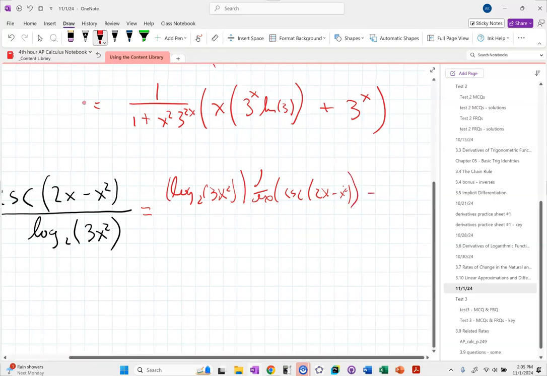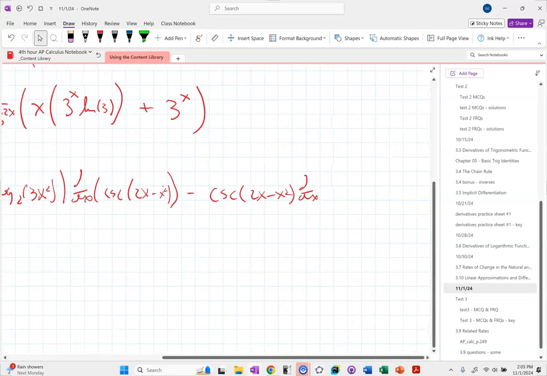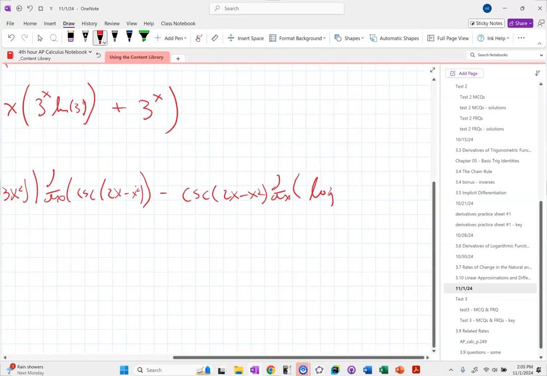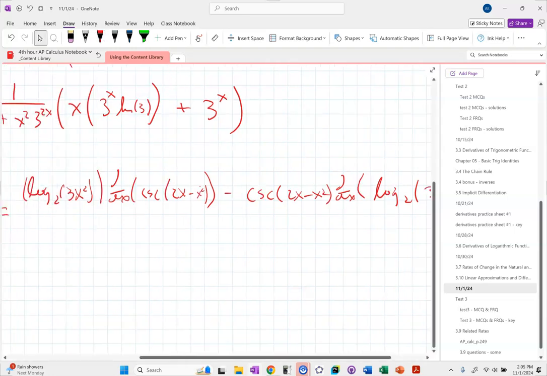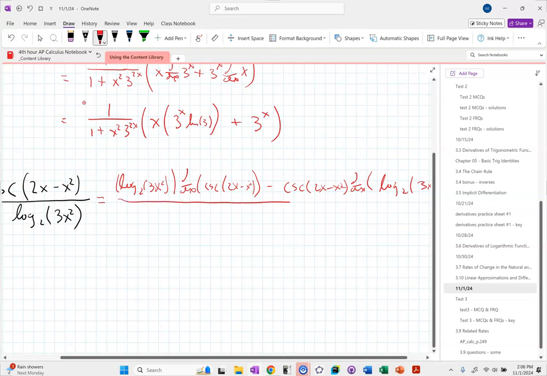So again, notice that while I'm doing this, I am writing out one step at a time, right? So like doing the quotient rule.